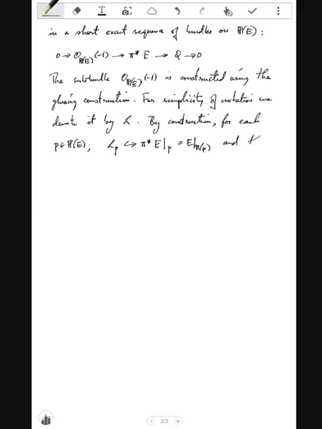And this line will correspond to the line given by p in the fiber E restricted to pi(p).